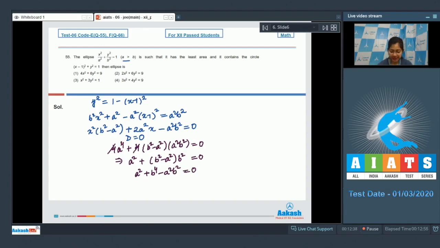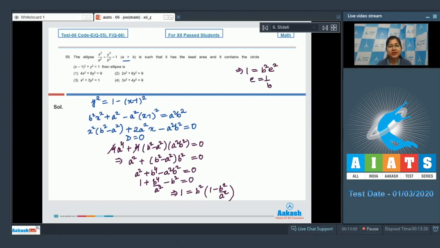Again, dividing by a², we have 1 + b⁴/a² − b² = 0, that is 1 = b² taking common, (1 − b²/a²), that is 1 = b²e², right? So the value of e is equal to 1/b.